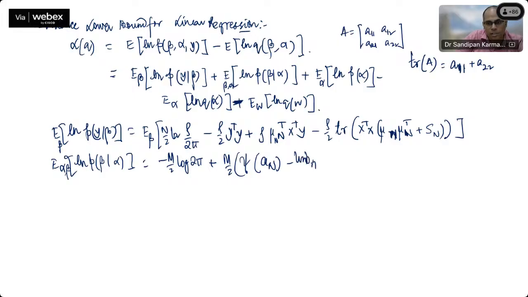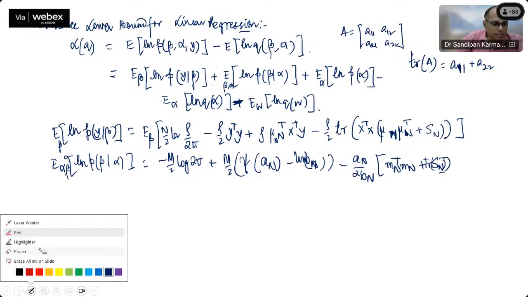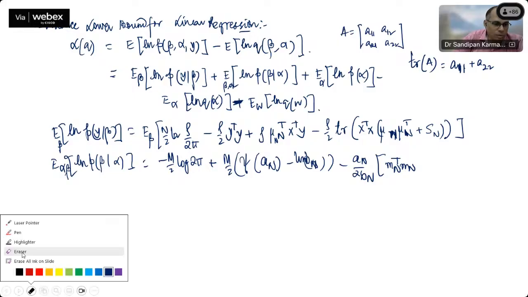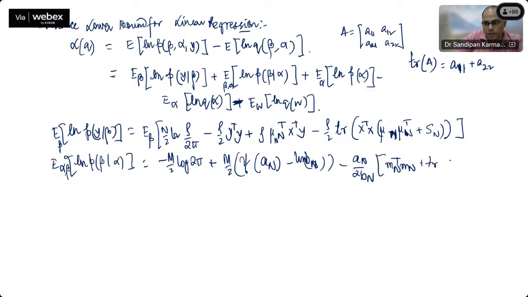You need to go by the derivation; I'm just writing the final result. To implement that, an by 2 bn multiplied by mn transpose mn plus trace of sn. Let me write it clearly. Lots of mathematical formulas are there, so please bear with me.